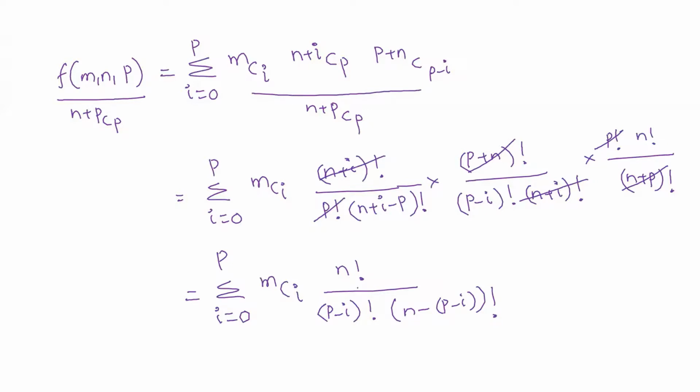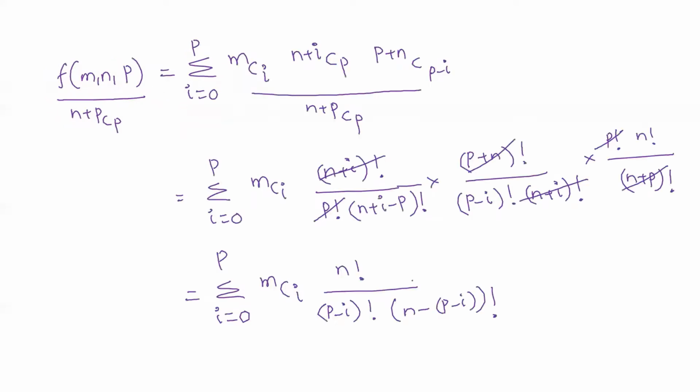This is looking like n factorial upon r factorial into n minus r factorial. So ultimately, the value we are going to get is f of m comma n comma p upon n plus p C p, which came out to be sigma i equal to 0 to p of mCi multiplied with the other term, which is simply n factorial, and the r value is going to be p minus i here.